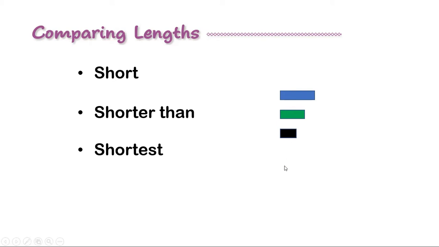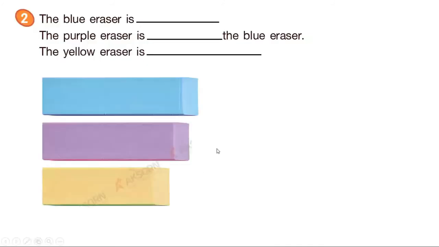Let us get an example to understand this very well. Look at these three erasers. We have the blue eraser, the purple eraser, and the yellow eraser. You see that all of them are not long. But we say that the blue eraser is short.